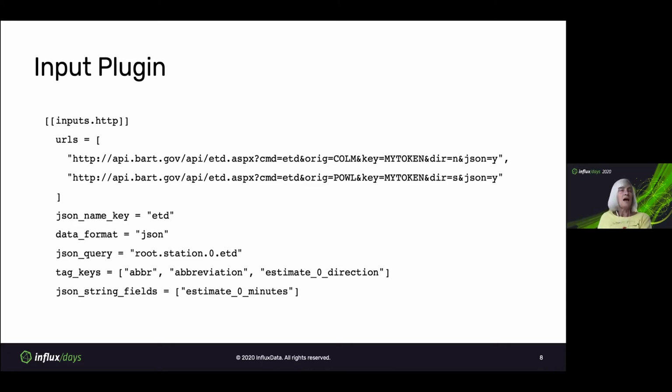So we configure the URLs we're trying to reach, the key we're looking for, which is the estimated time of departure, and the data format. I want to get it back in JSON. And then I navigate that JSON query to find the ETD, navigating from route down to station, and 0 for the first entry, because I just want the next train.